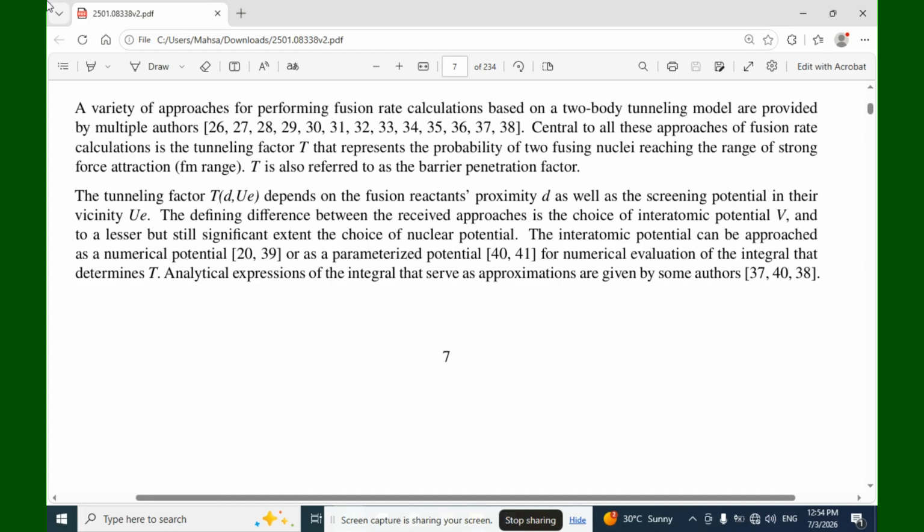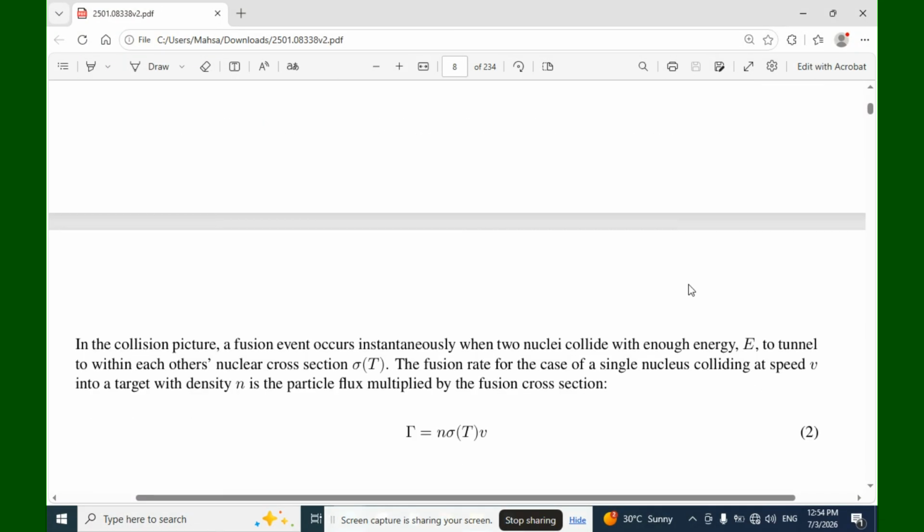The interatomic potential can be approached as a numerical potential, as in references 20 and 39, or as a parameterized potential, 40, 41. For numerical evaluation of the integral, analytical expressions that serve as approximations are given by some others in 37, 40, 38.